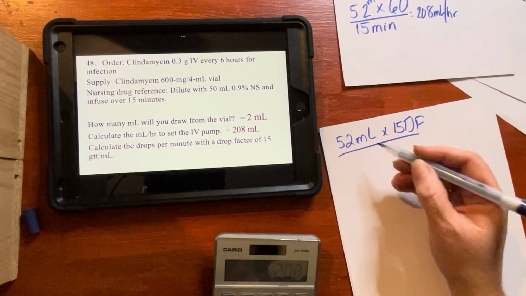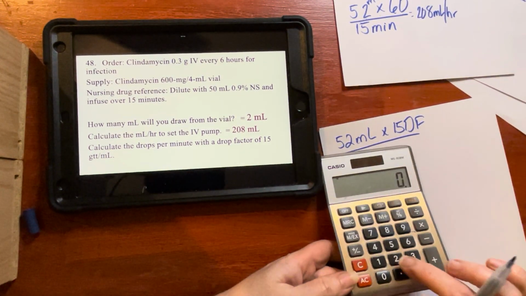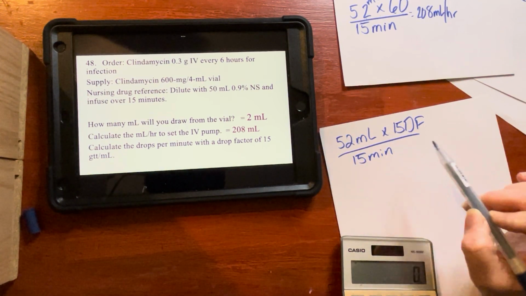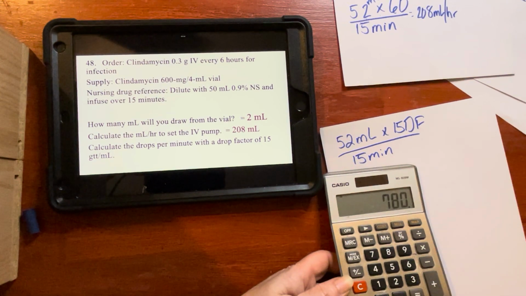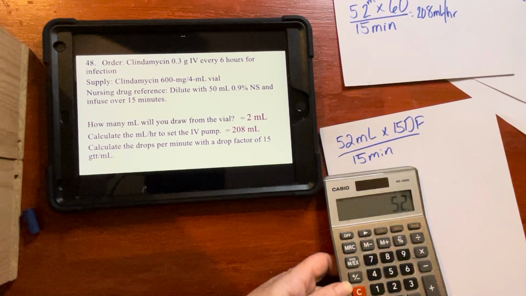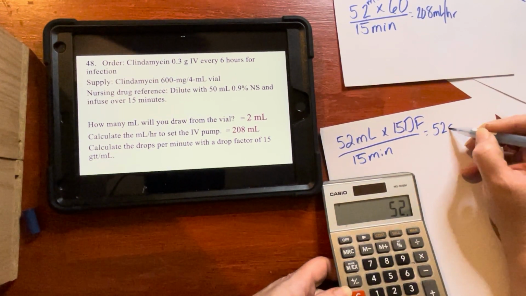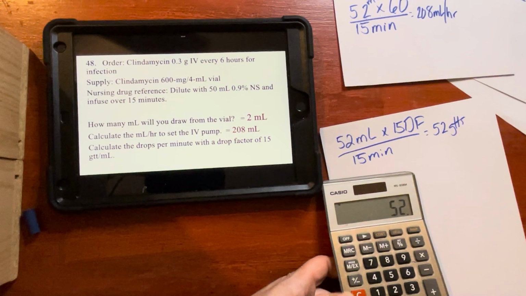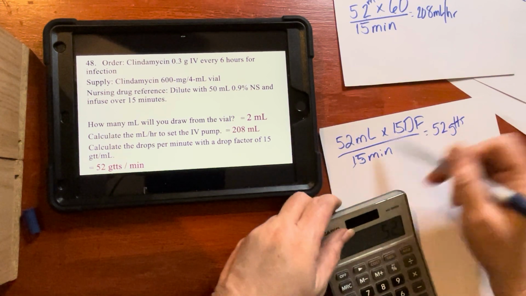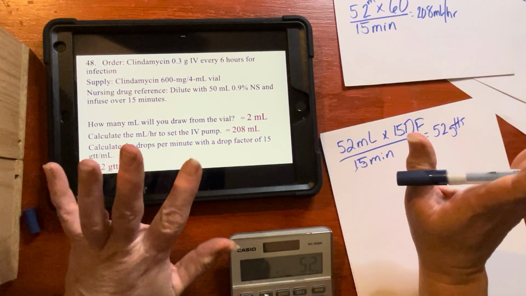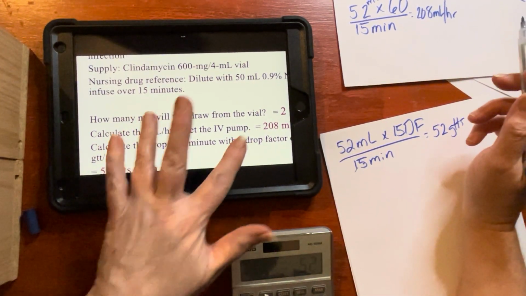Divided by 15 minutes. The time has to be in minutes. Thank goodness it was. And we're going to do that times that divided by that. 52 times 15 equals. Divided by 15 equals. That's going to be 52 drops. Let me read it. Oh, yeah, 52, because those cancel out, really. And I'm sure somebody on here will say that you just cancel out. If I start marking lines, I'm going to jack it up, and I know myself. So, look, we saved them, though.